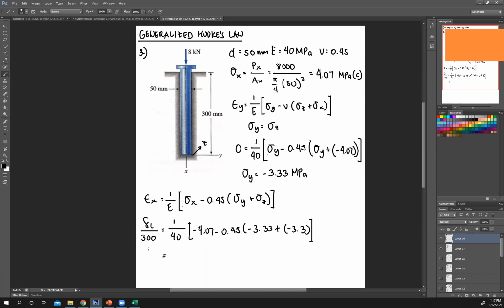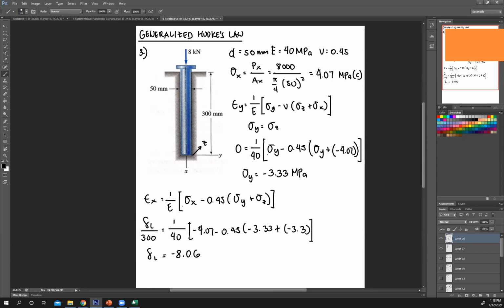Now I can solve for delta L, and what's delta L? Correct, Carl. Negative 8.05, or I think it's 8.06 if you use the whole number.